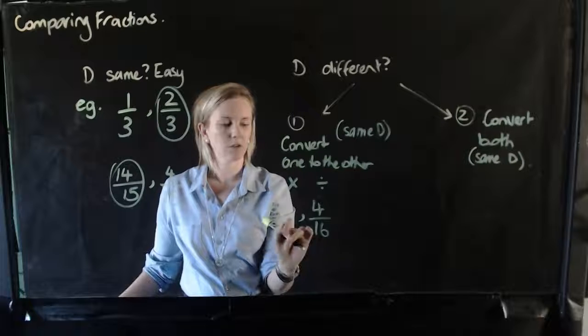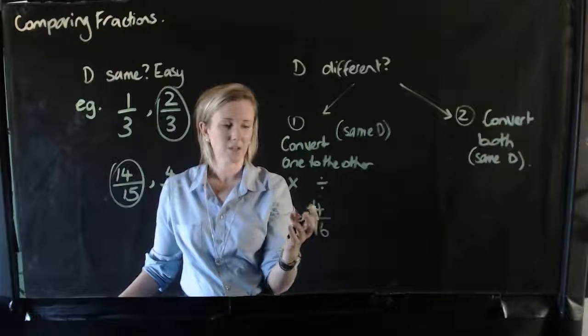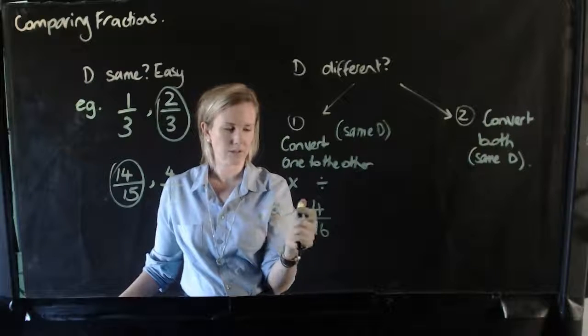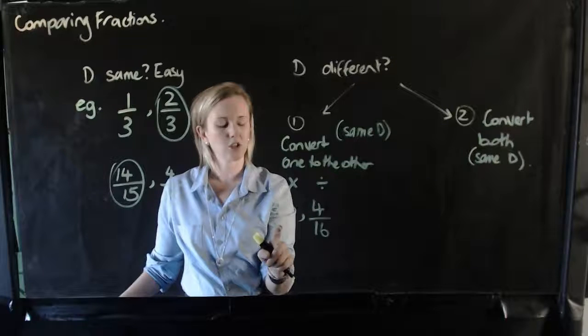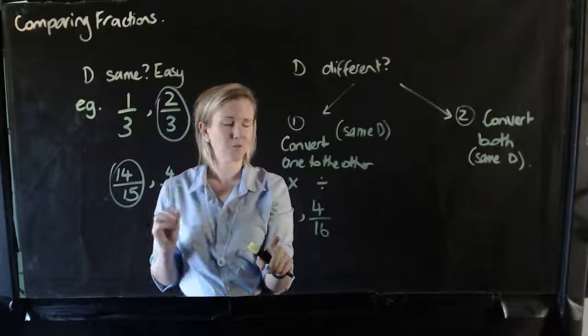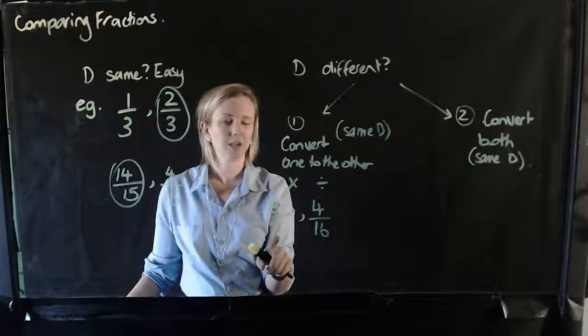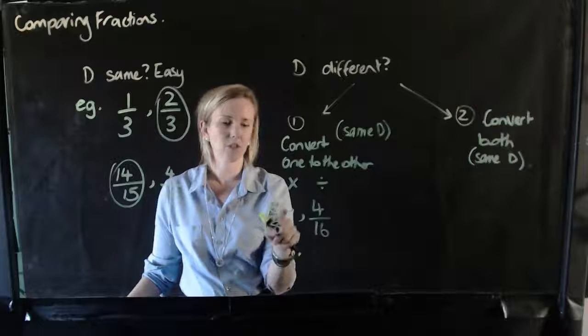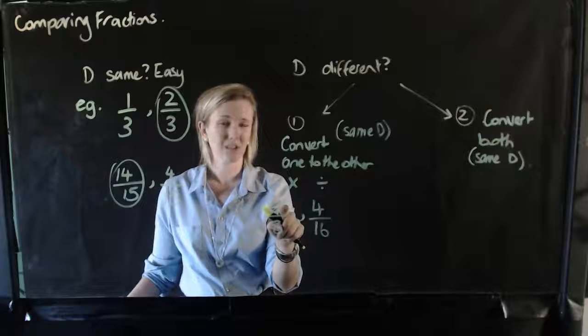So here, if you have a look, there are two options here, really. I'm just going to show you one to start, and then I'll talk about the other. Okay, so I could change the 8 here to be a 16, and the key to this, very, very important, is that if you change the denominator in a fraction, you absolutely every time must change the numerator as well, using the same number.